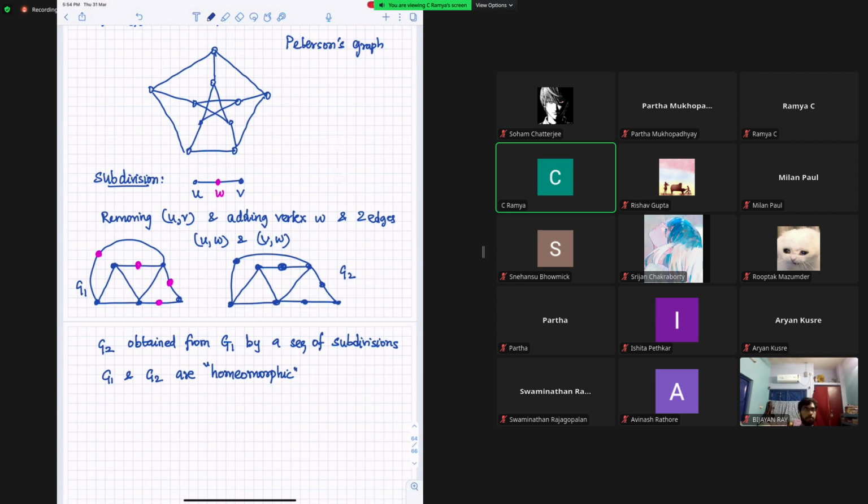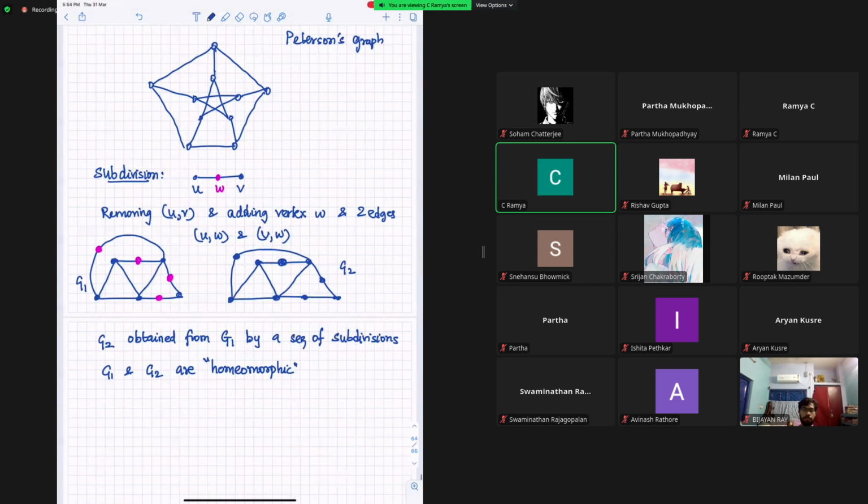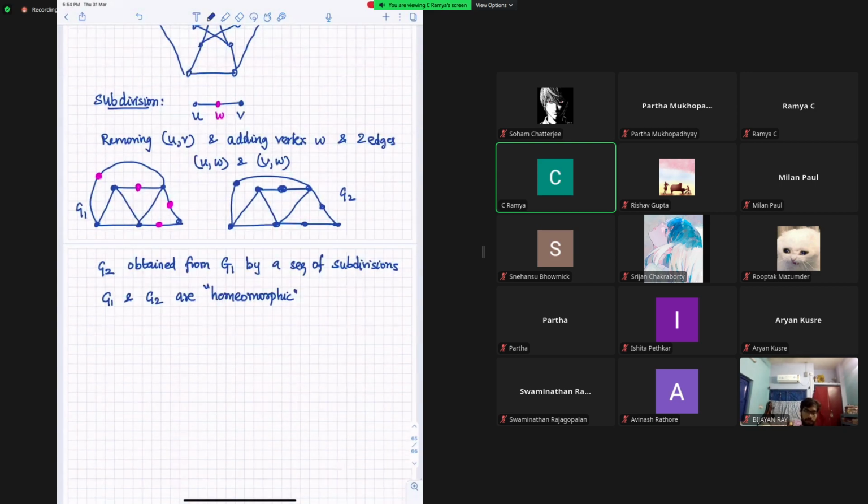So what you did was just introduce some additional vertices on edges. If the original graph is non-planar, then even after you subdivide, nothing much can change. So one thing we saw is that K5 and K33 are not planar.